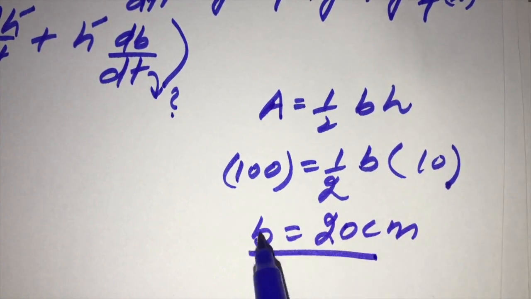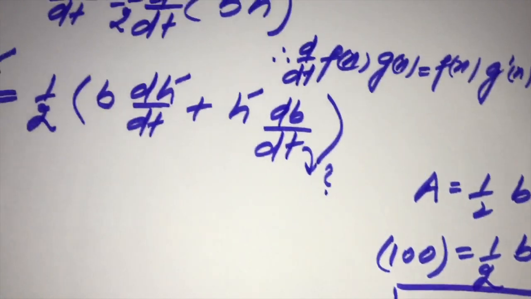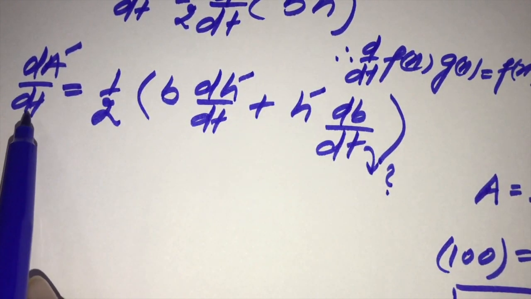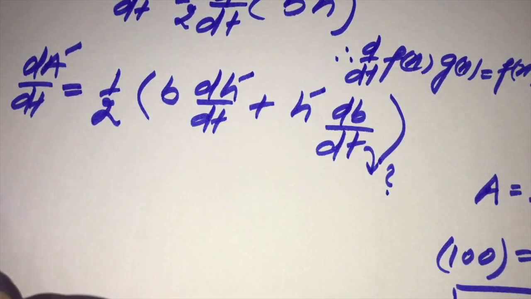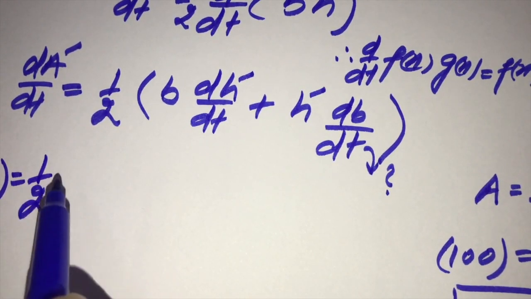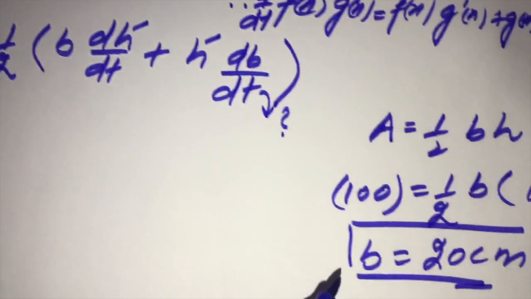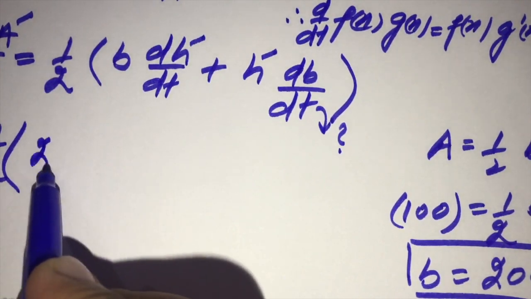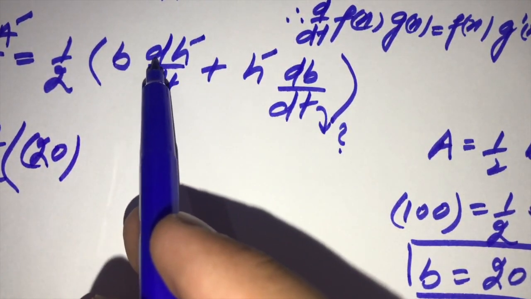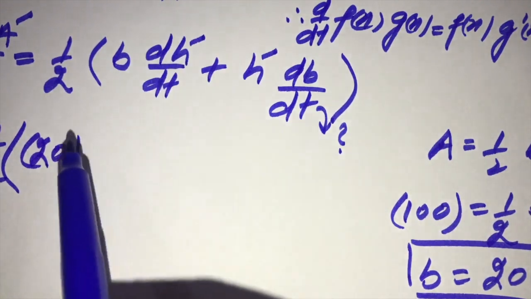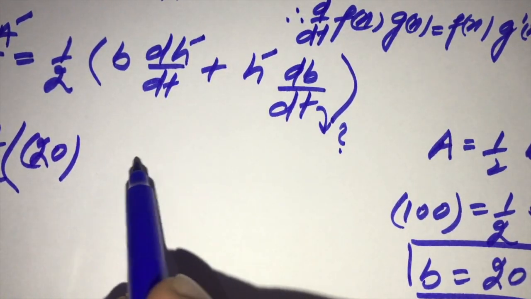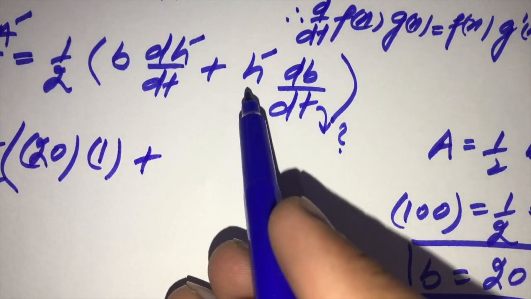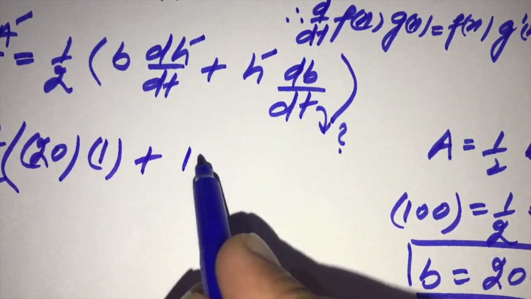Put this b value in this derivative equation, as we have the value of dA by dt, which is equal to 2, is equal to 1 by 2 into now we have found the value of b, which is 20 centimeter. Put it here 20, and we also have the value of dH by dt, which is equal to 1, and the value of h, which is equal to 10.